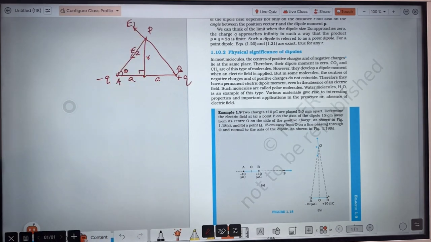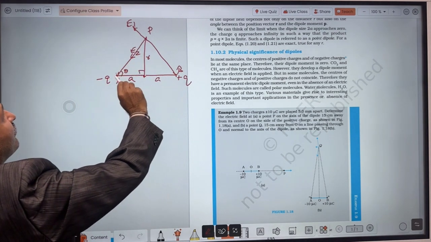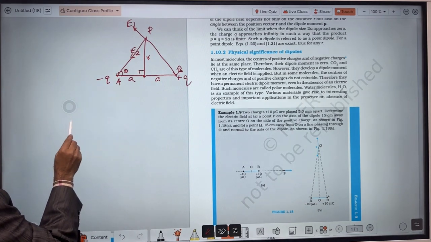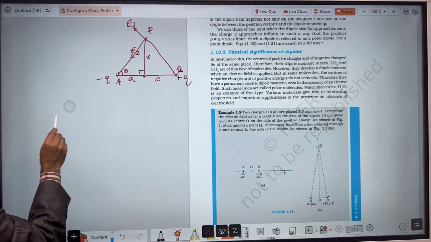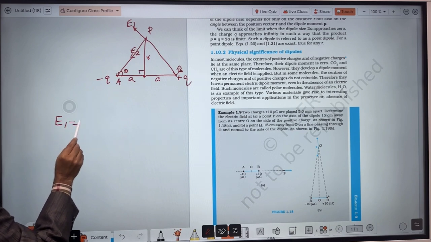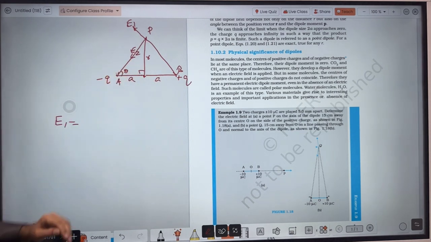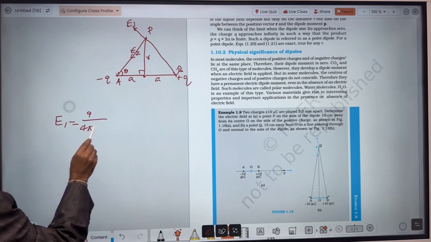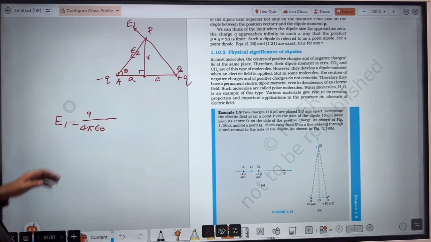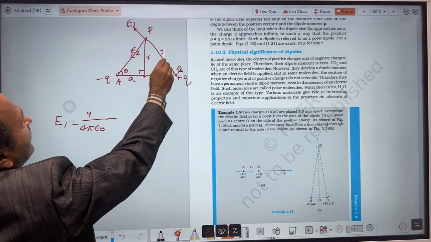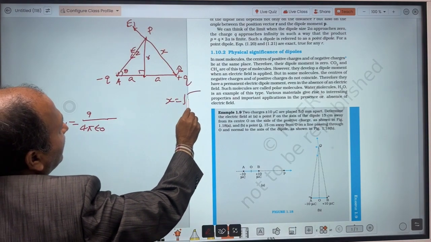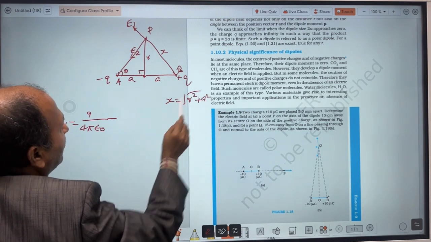So let's find out the magnitude of E1 and E2. Here this distance can be found by using the Pythagoras theorem. So E1, the electric field due to the positive charge q, will be equal to q divided by 4 pi epsilon naught times the distance square. Let's write it as x for the time being, which is equal to r square plus a square.